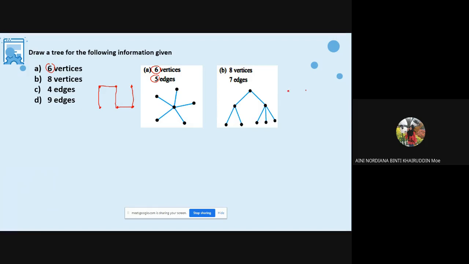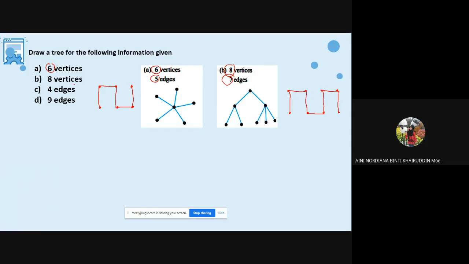So 1, 2, 3, 4, 5, 6, 7, 8. 1, 2, 3, 4, 5, 6, 7. Boleh juga. Okay. Tak semestinya jawapan mesti macam ni lah. Mana-mana. Asalkan vertices 8, edges 7.